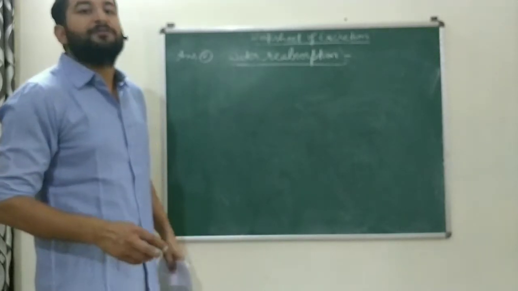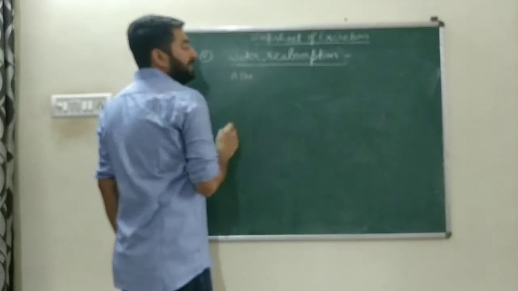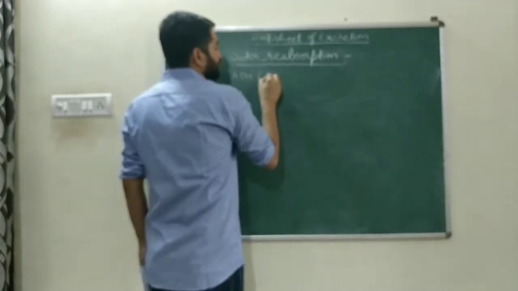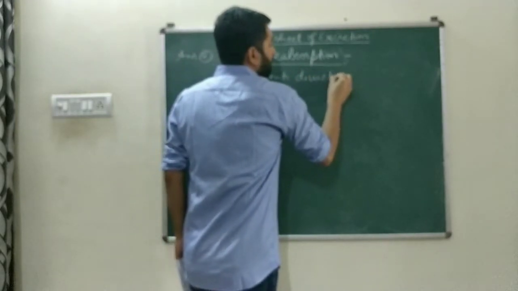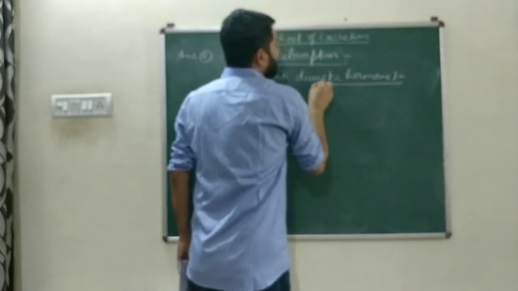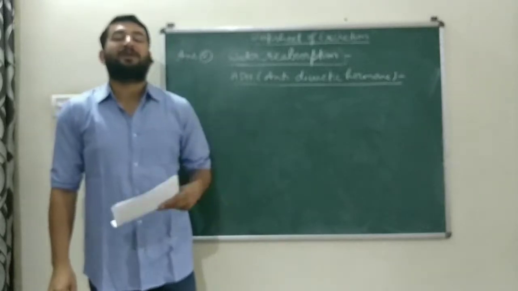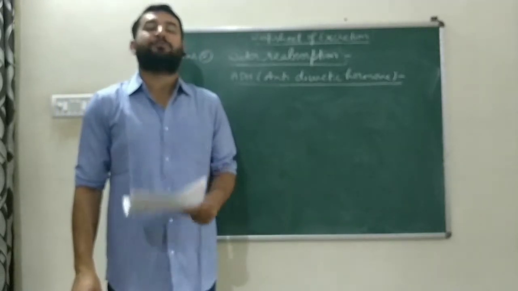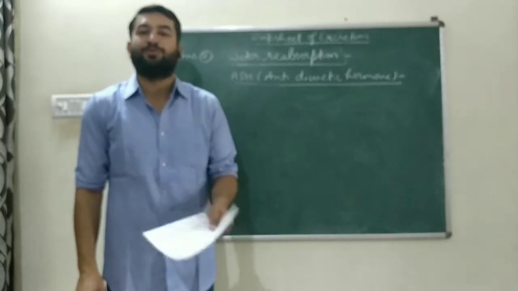And that's how water reabsorption plays a key role in the formation of urine. And the second is the action of hormone, and the name of the hormone is ADH, anti-diuretic hormone. This hormone is released by the pituitary gland, and this hormone increases the capacity of water absorption in the DCT, in the distal convoluted tubule.